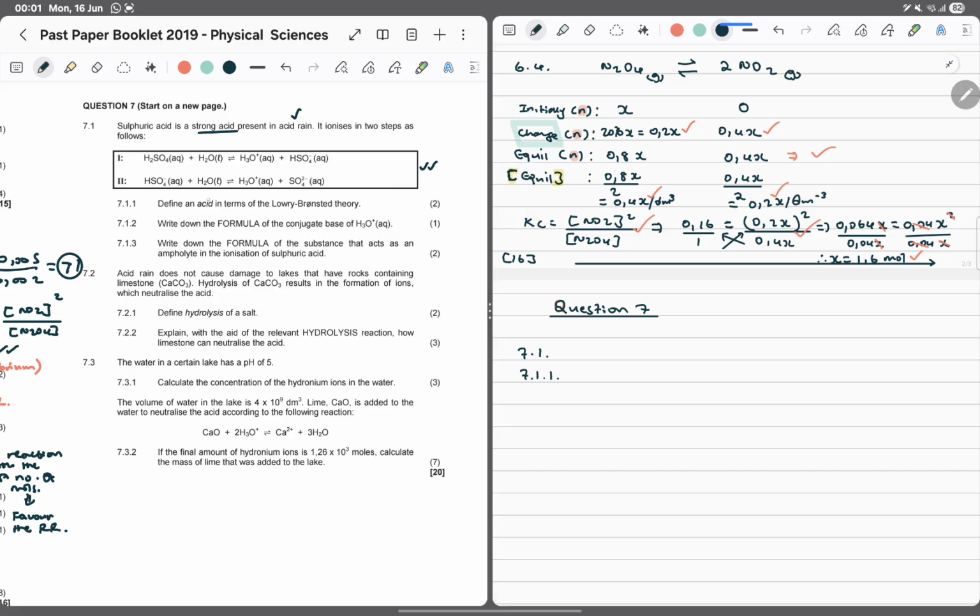7.1.1. We now need to define an acid in terms of the Lowry-Bronsted theory. You can say it is a proton donor. Yeah, it's the proton donor.